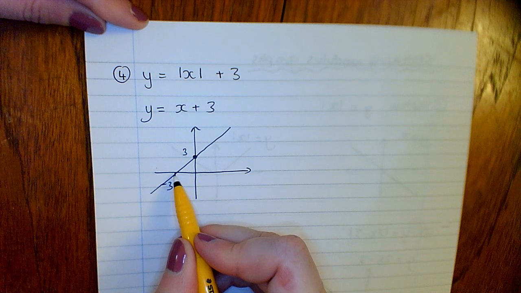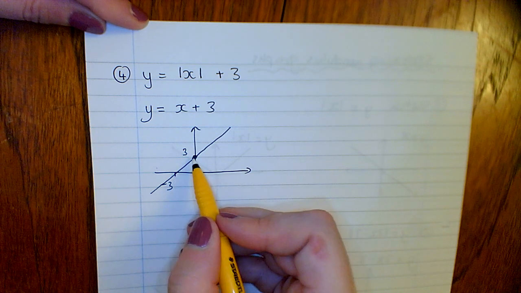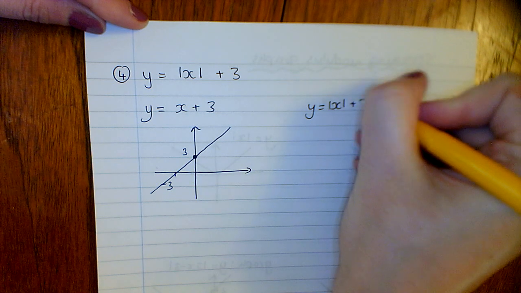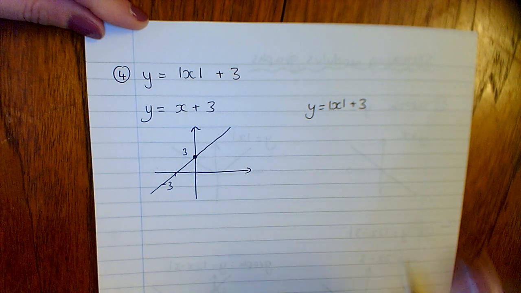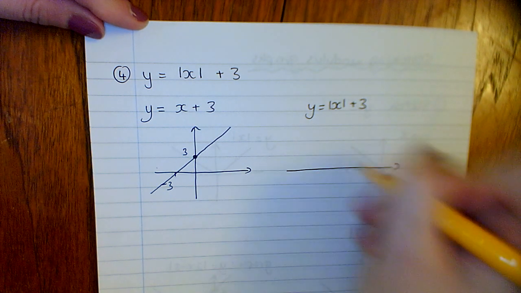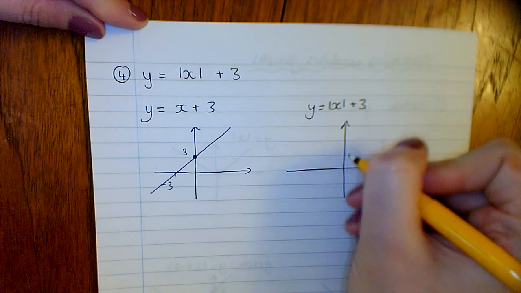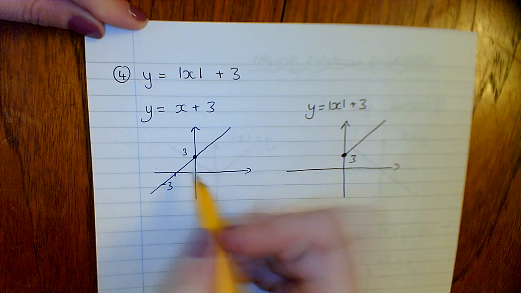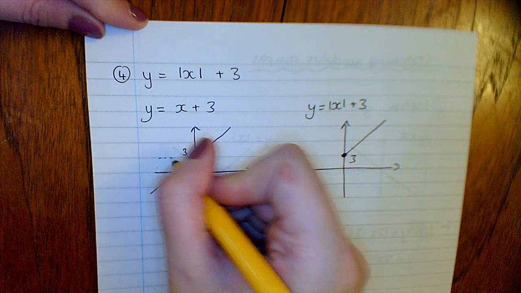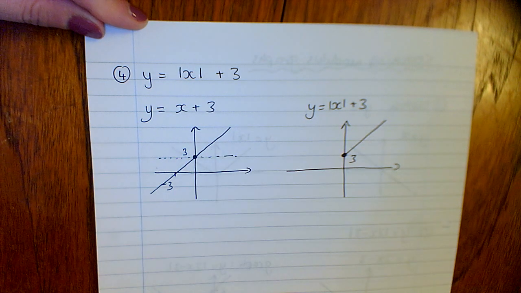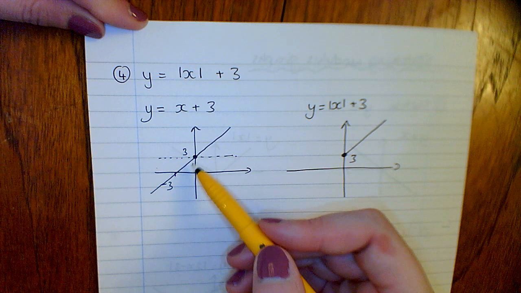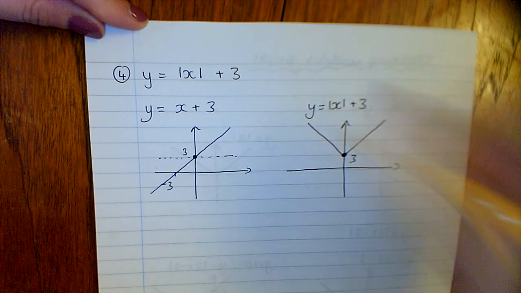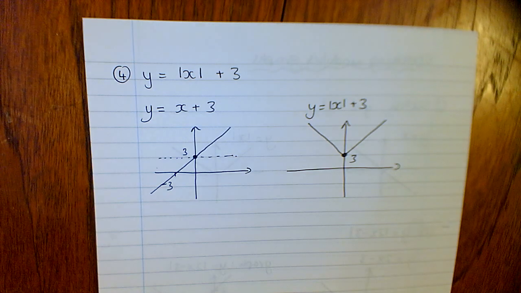Instead of the point on the x-axis being the important one, it's the point on the y-axis that is important. So to draw the modulus of x plus 3, mark on our point of 3 here. This part of the graph stays the same, and now this time, if we imagine that's our mirror line there, we're going to reflect this part of the graph up with that mirror line and get something like that.